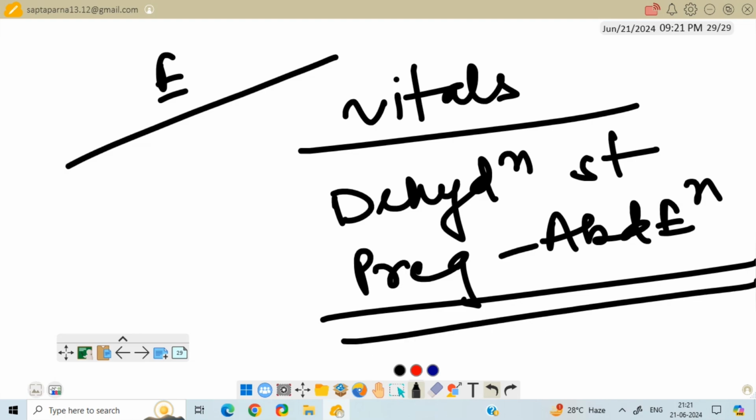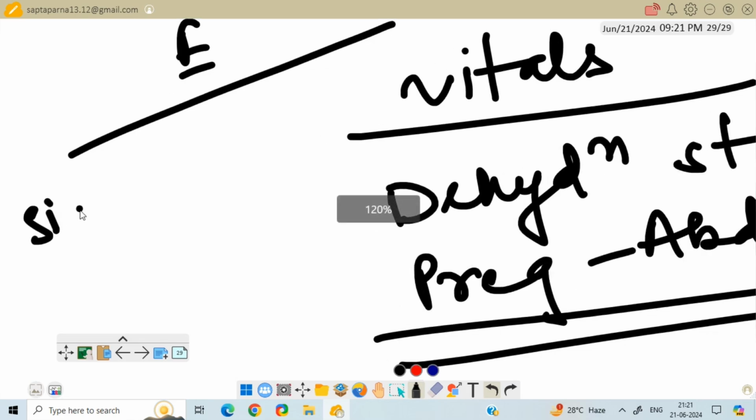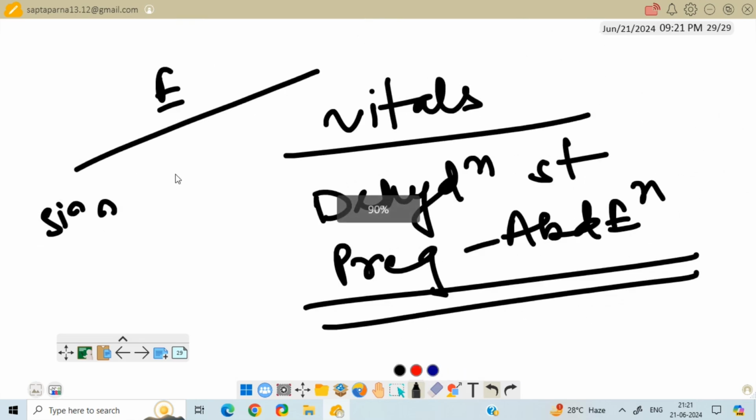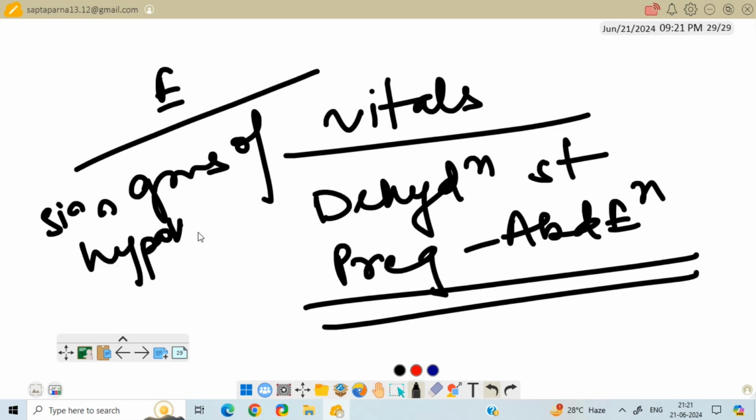Hyperemesis gravidarum is usually a diagnosis of exclusion. You have to exclude all other causes, and you have to confirm whether there is pregnancy or not, and you have to also see whether there are any signs of hypokalemia, that is muscle weakness, and all these things, and you have to check her body weight.